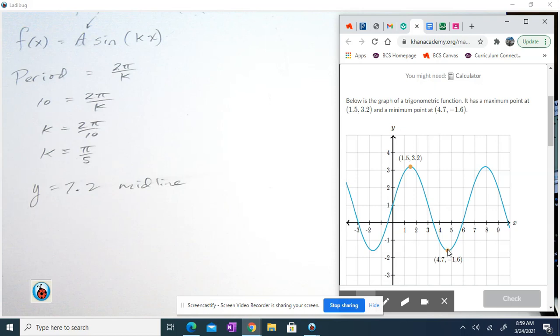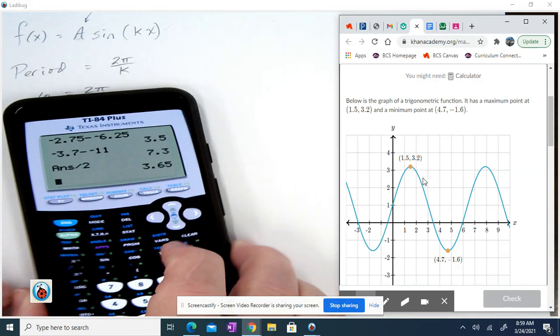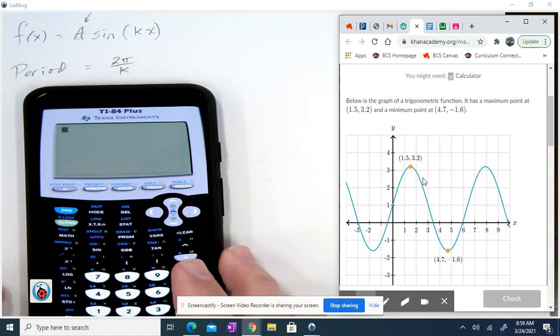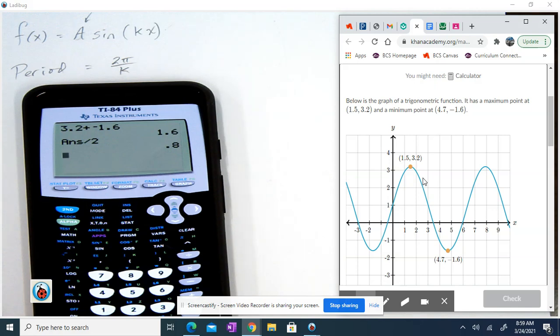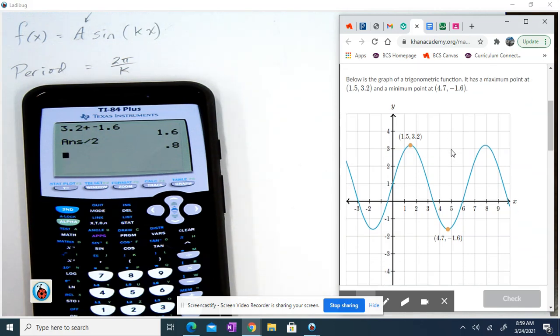And it's the y values, right? So you just take the average of these two numbers. That's it. So if I want to find the midline, it's the average of 3.2 plus negative 1.6, which is that. Divide that by 2. So y equals 0.8. y equals 0.8 is the midline.